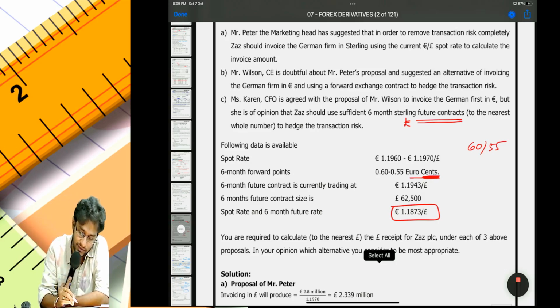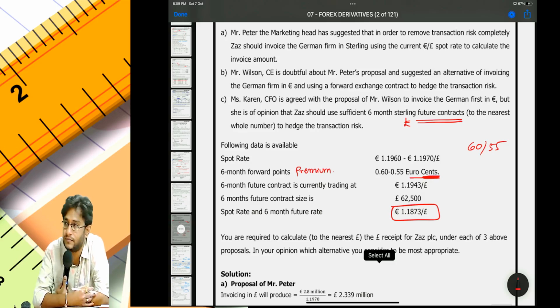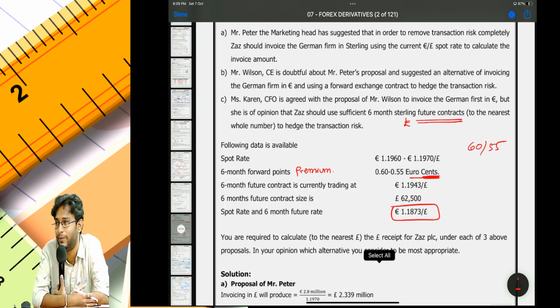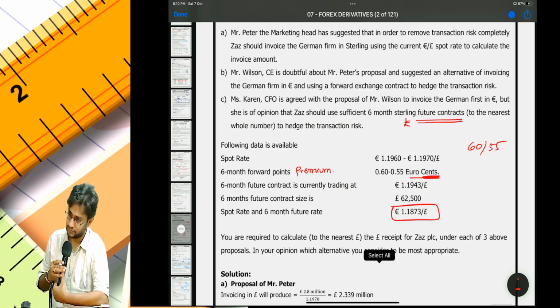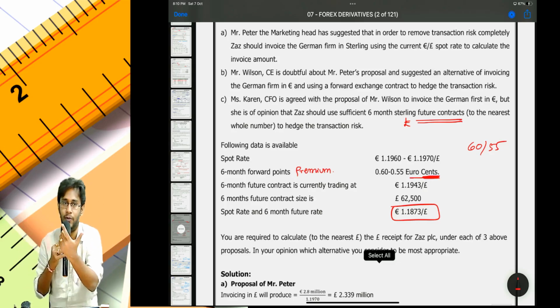At the exam, what did they do, sir? For 6 month forward points, they wrote premium, sir. Error obviously. How can that be premium? If swap points are in decreasing order, then the currency is at a discount. But he wrote the term premium there.